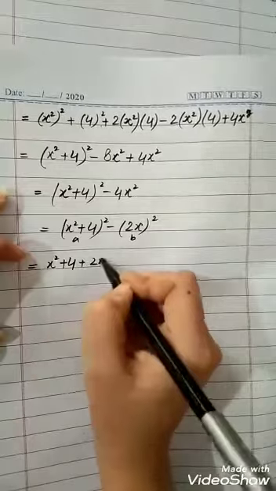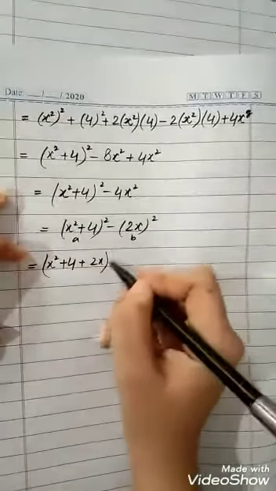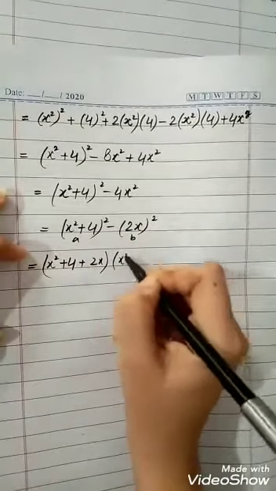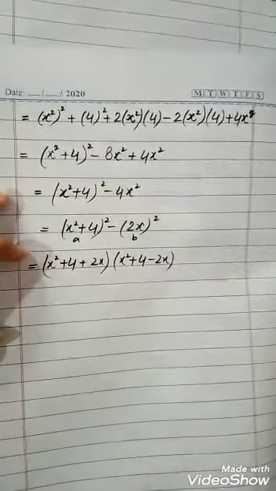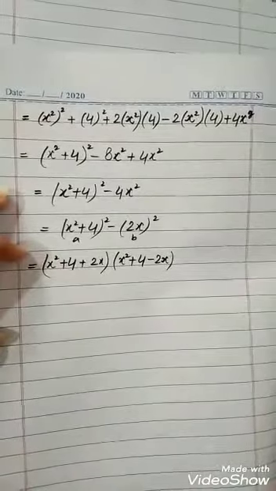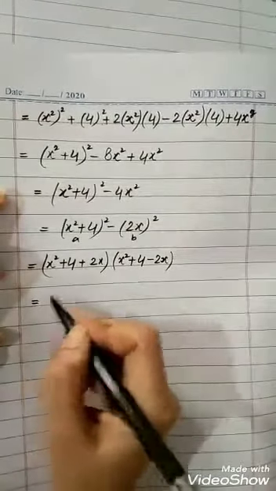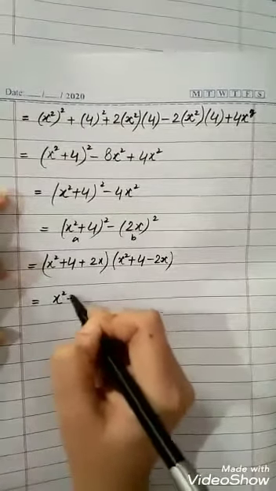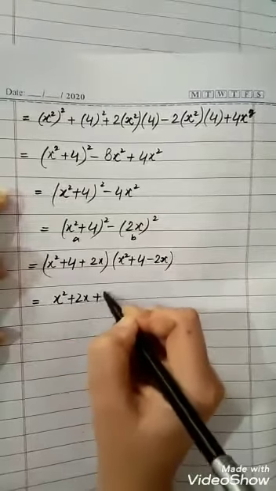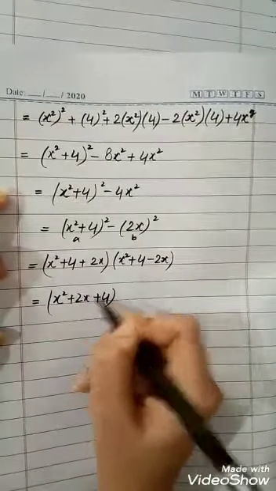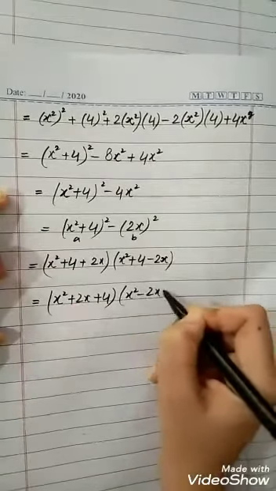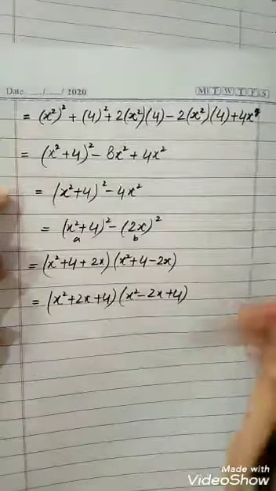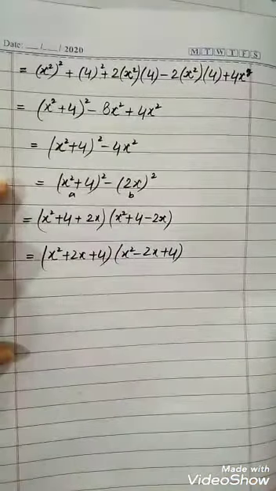So these are both factors. We can rearrange them: x square plus 2x plus 4 and x square minus 2x plus 4. Students, these are both factors.